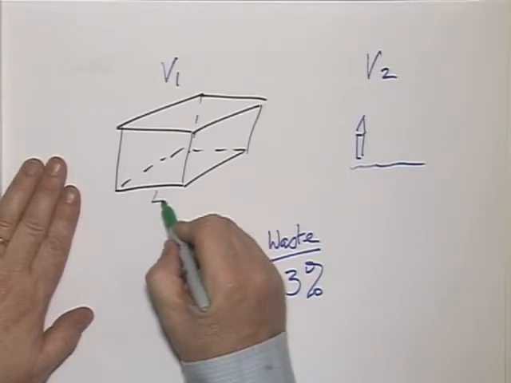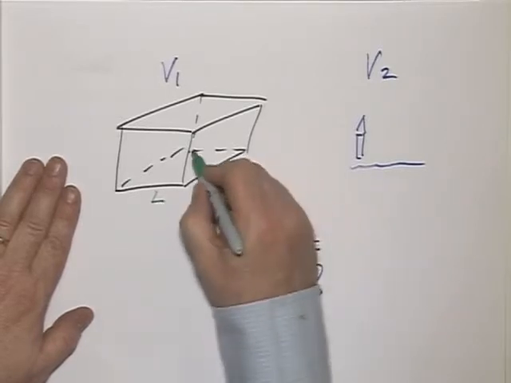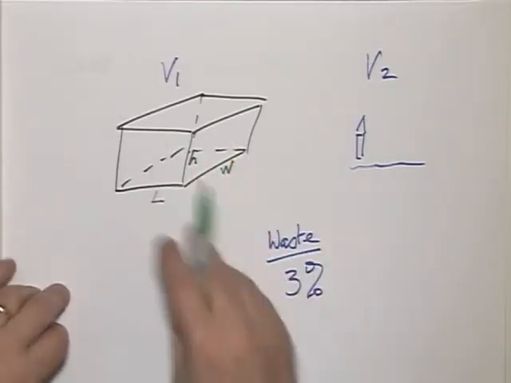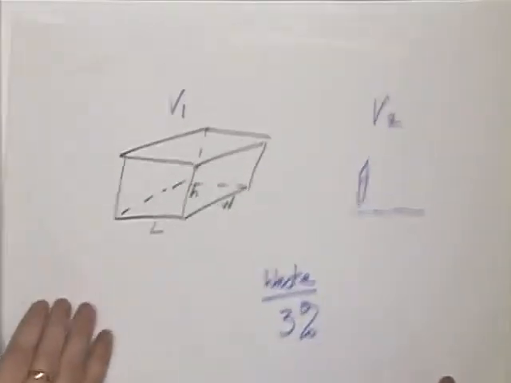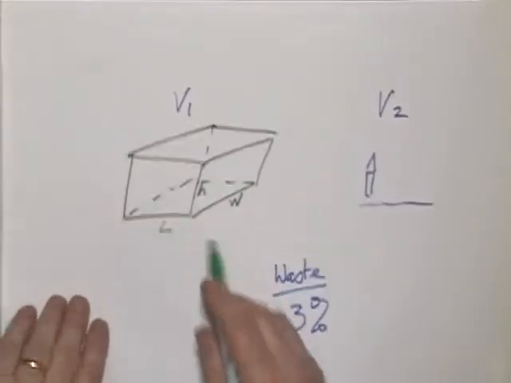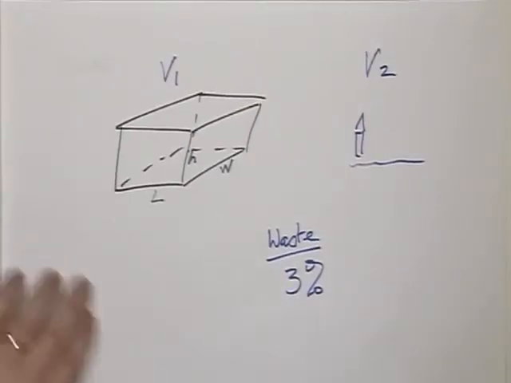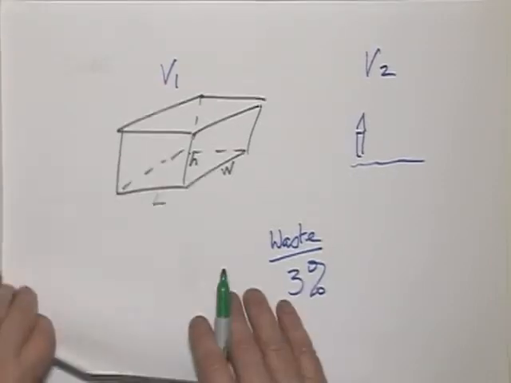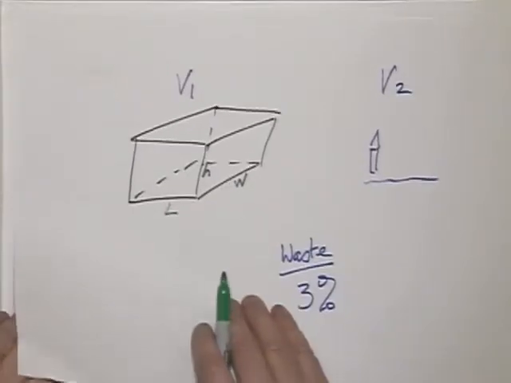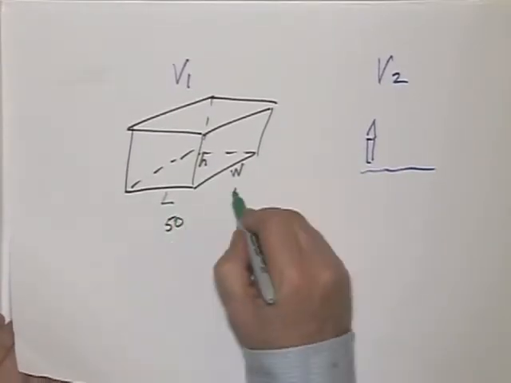It's length by width by height. If it's a cube, then all those lengths are the same. And I think we were told it was 50. So we can say 50 by 50 by 50.